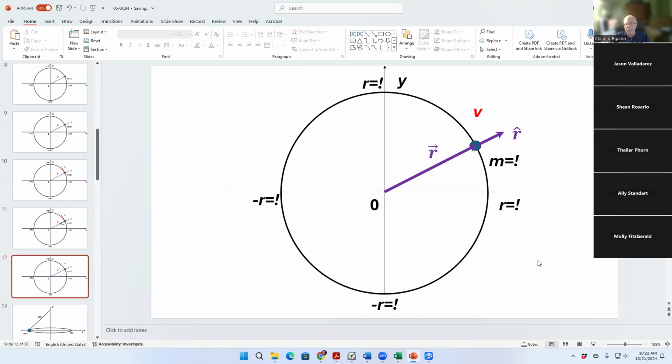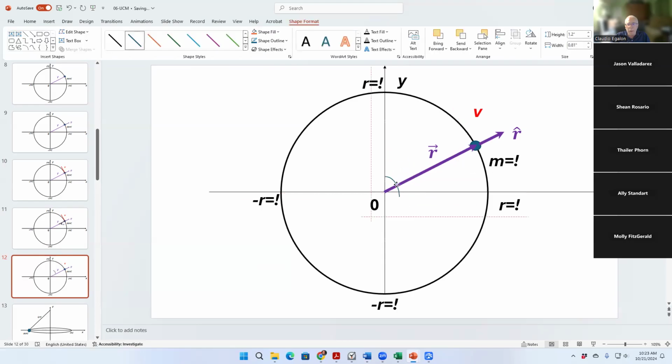Okay, in the polar coordinate system, we have what we call the radial coordinate, R. And we also have the theta coordinate that I'm going to represent here.